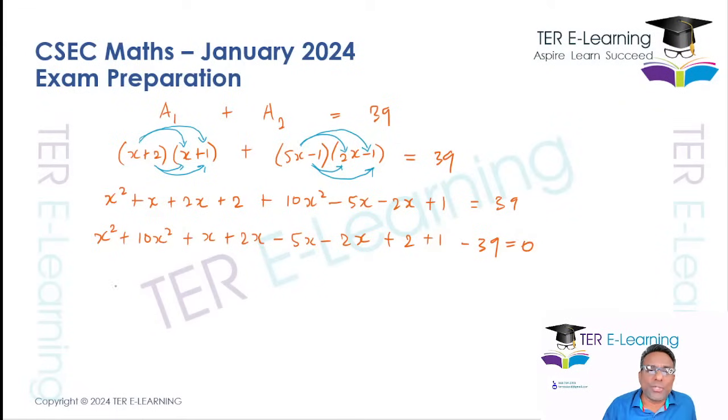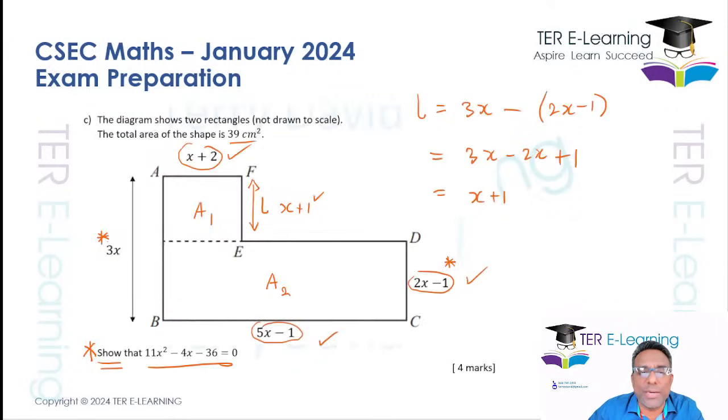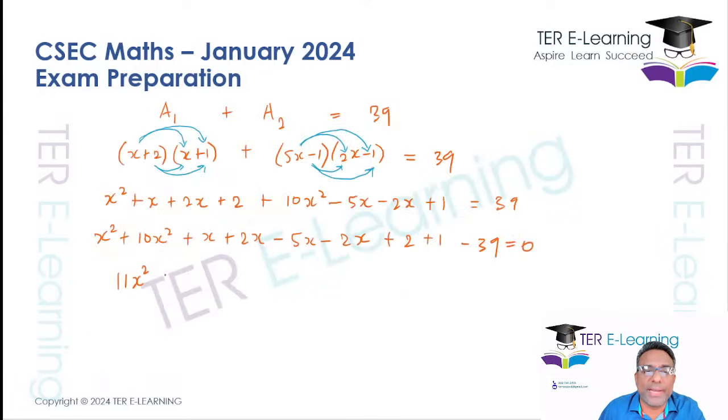So now x squared plus 10x squared is going to give you 11x squared. 1 plus 2 is 3. 3 minus 5 is going to be minus 2. And minus 2 minus 2, you're going to get minus 4x.